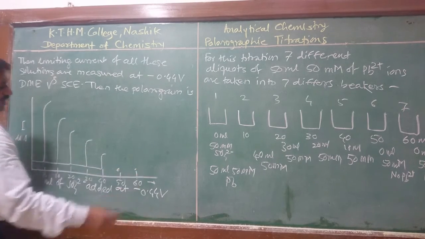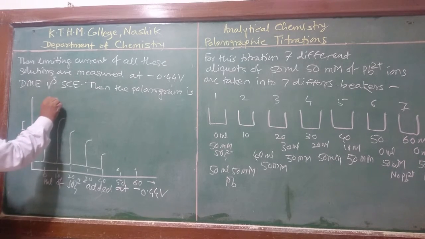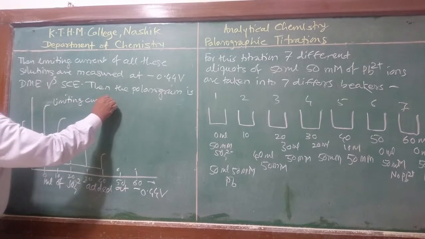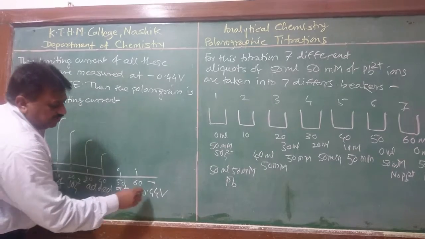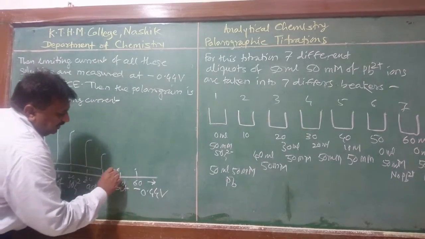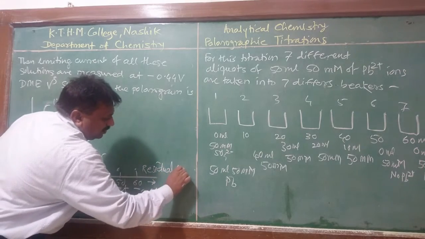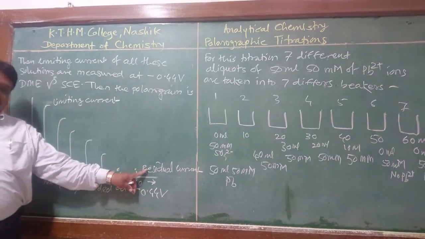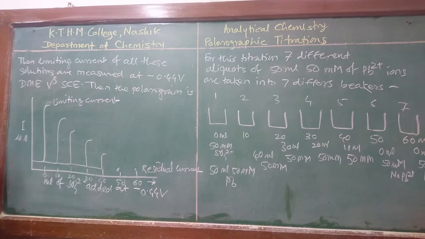That means here we do not have a polarographic wave. Therefore, the limiting current is decreased, and finally there is no electroactive species, and at that time it becomes a residual current. That means only the supporting electrolyte gives the current, while the electroactive species does not give the diffusion current.